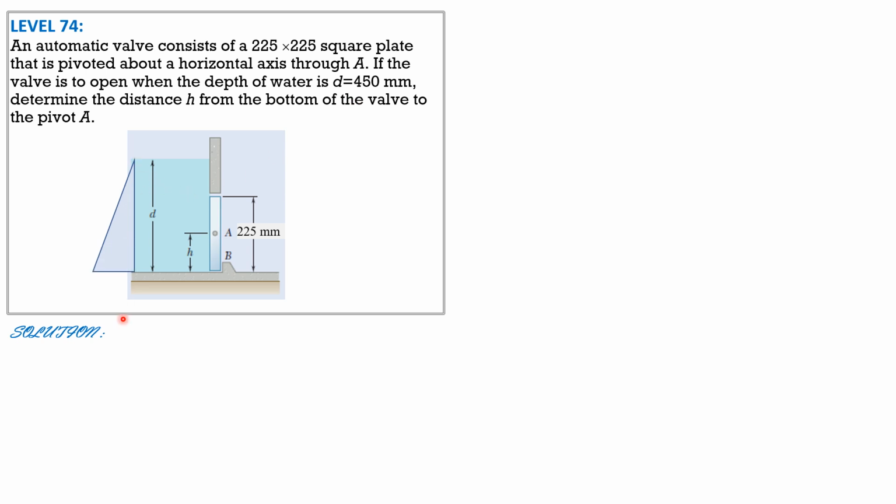And this is the pressure diagram. When the depth is 450, the distance from the water surface to the top of the square gate is 450 minus 225, so 225. So the pressure here is specific weight times 225 mm. We don't need to convert to meters; we just use mm consistently so that the resulting value of H is also in mm.